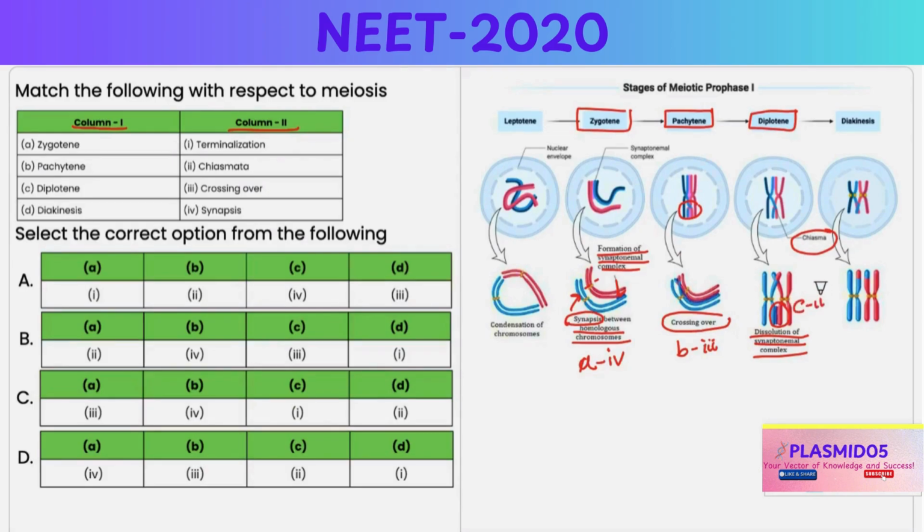The diakinesis stage represents the completion of prophase 1 and terminalization occurs as the chiasmata move towards the end of the chromosomes, marking the final stage of genetic recombination. Thus, D matches with 1. Hence, the correct answer is option D.